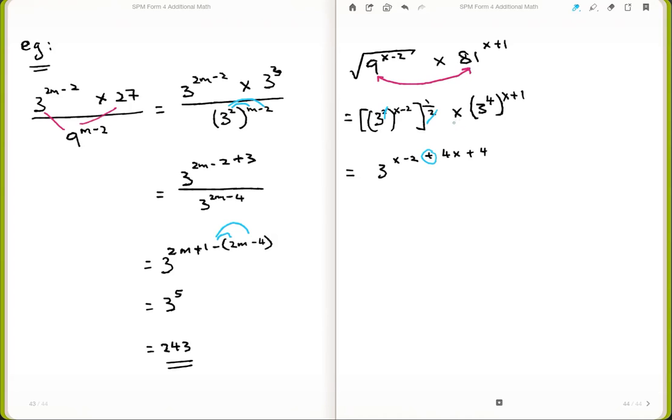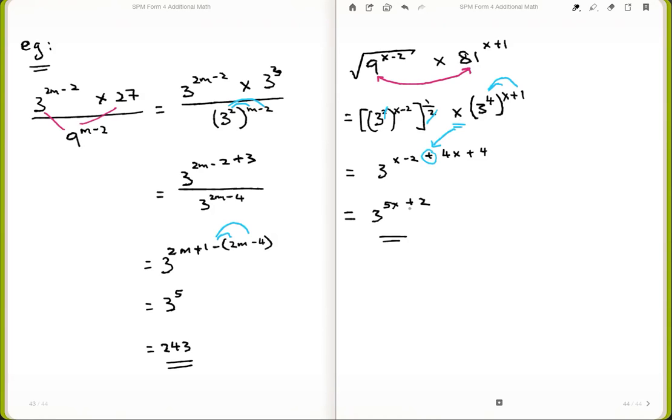You times both numbers, not just 4x. It's 4x plus 4. Then you have some time to look at it. Simplify it. 4x plus x is 5x. Minus 2 plus 4 is plus 2. So this is the answer. Unless you are given a value of x, this is the final answer. So I'll leave you with that.